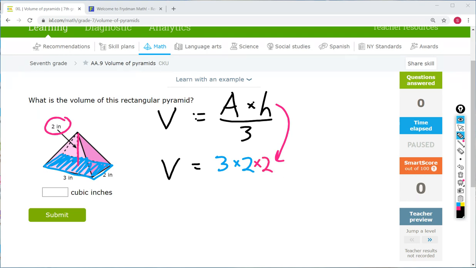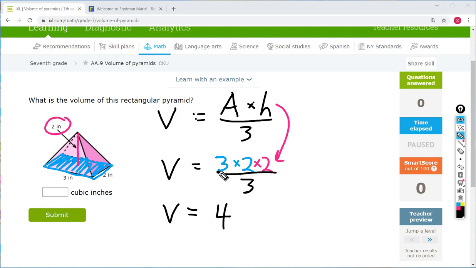And we are going to divide all of that by 3. Okay, so we're going to get the volume is equal to 3 times 2 is 6, times another 2 is 12, and then 12 divided by 3 is 4. So we're going to get 4 over here.